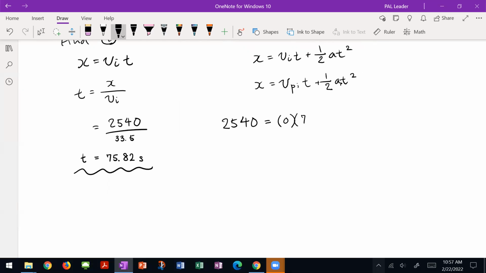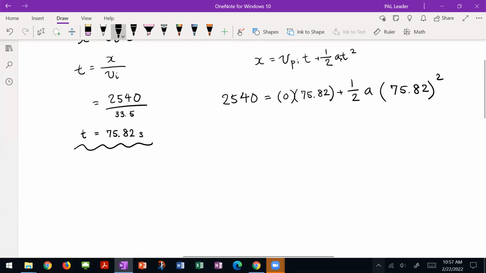Time was 75.82. It's going to become 0, but I'm still going to write it all out. Then 1/2 acceleration, that's what we want to find, and the time, 75.82. So now it's going to be just algebra, trying to find a.